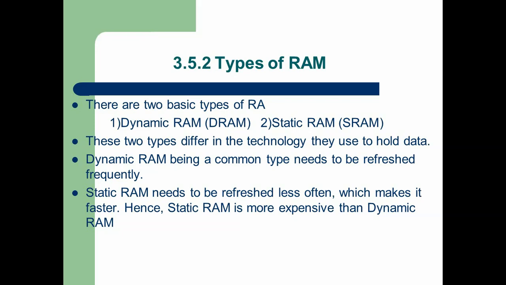SRAM needs to be refreshed less often, which makes it faster compared to DRAM. Hence, static RAM is more expensive than dynamic RAM. So simply we can understand DRAM should be frequently refreshed, but in SRAM there is no necessity to refresh frequently. So DRAM, when compared to cost, is cheaper but slower than SRAM.